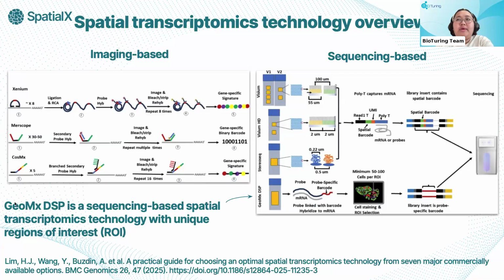Even though you don't have single cell resolution, you can still select the exact ROI that you want to work with. You can select a whole region of ROIs containing 50 to 100 cells, or you can even base on the fluorescent staining to pick the ROIs based on different protein channels. We'll see the data a little bit later.